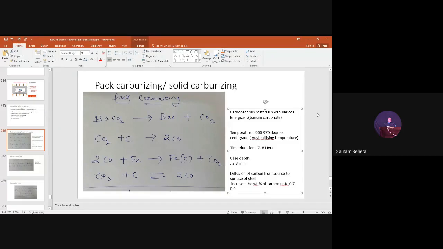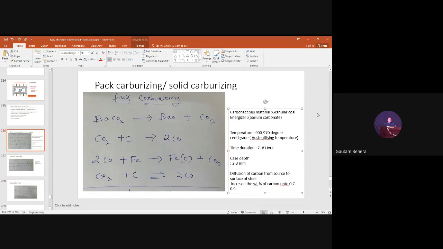Suppose we have a plain carbon steel and we want to increase the weight percentage of carbon. If we increase it up to 0.8, the hardness and strength will increase. But when the carbon is more than 0.8, the hardness will decrease again.